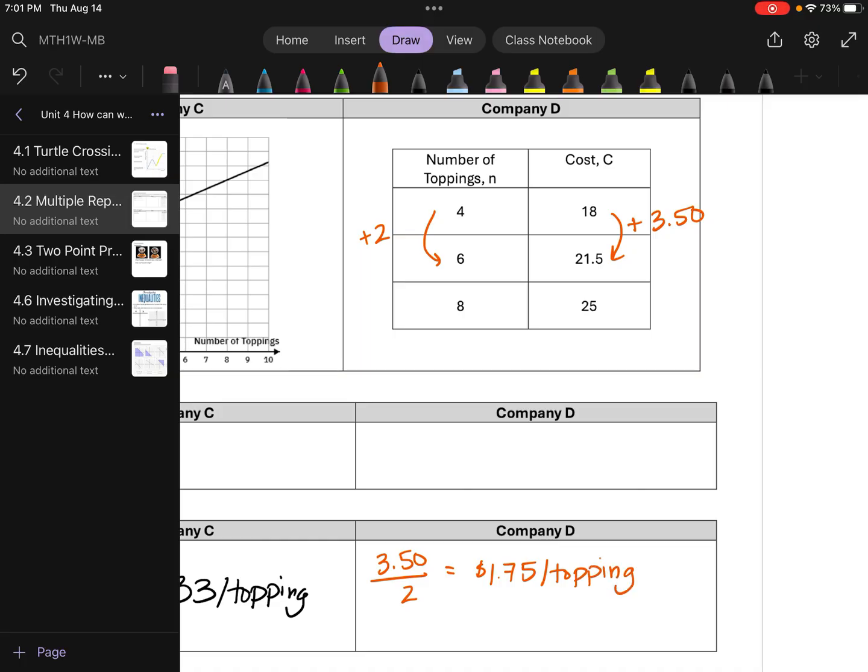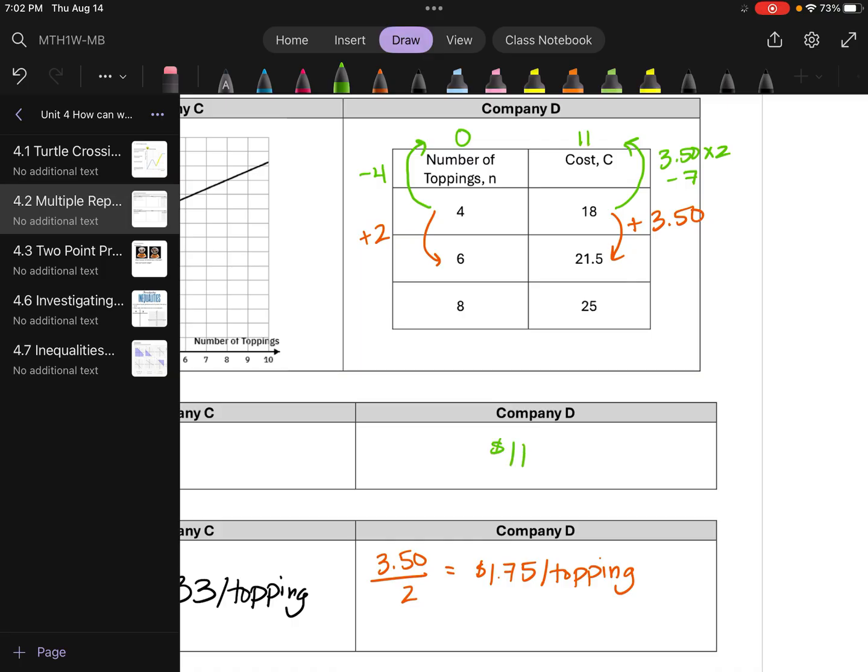Now, if I would like to figure out what the base price is, I have 2 options. I can either work backwards 4. Because 4 is double 2, I'm going to double this as well. I'm going to work backwards 7. So I end up with 11, so 0 and 11.